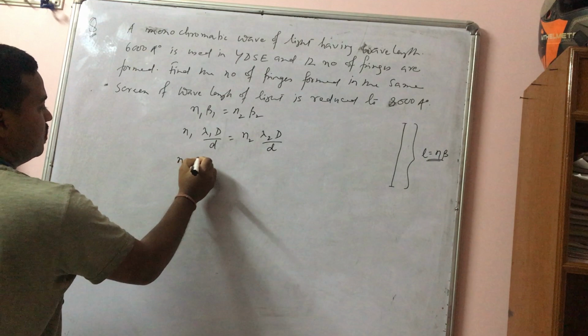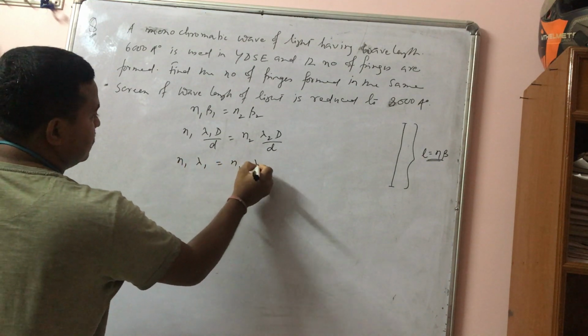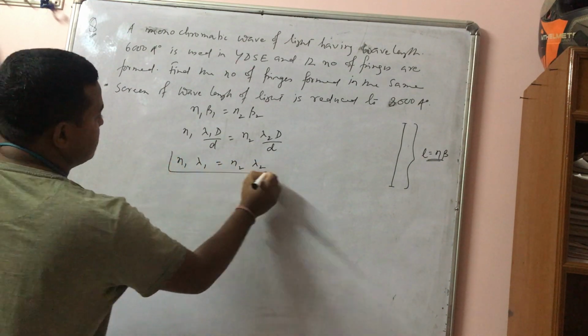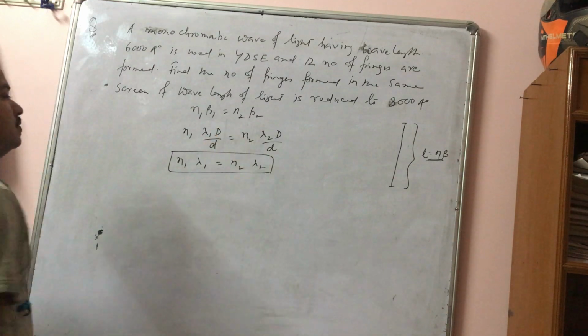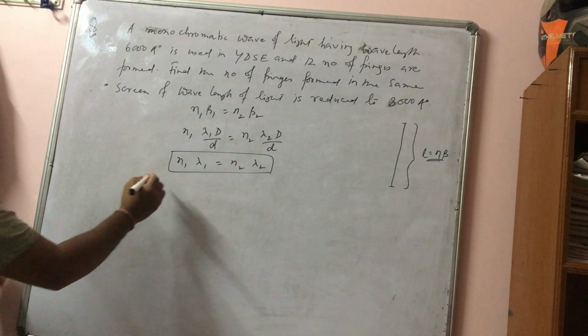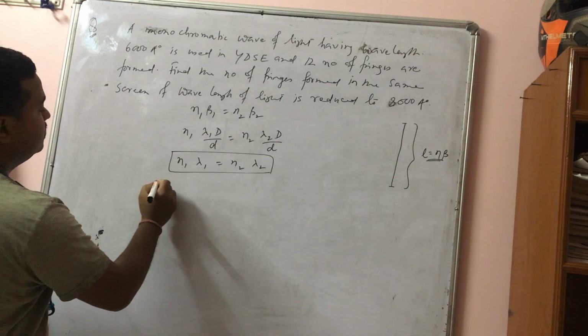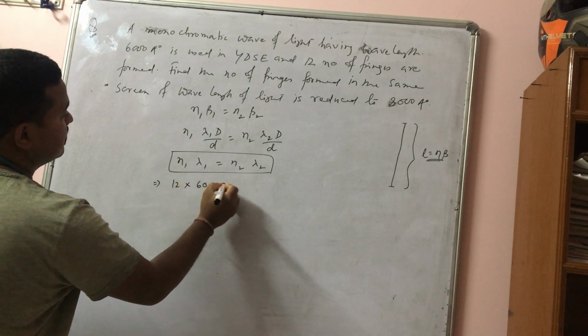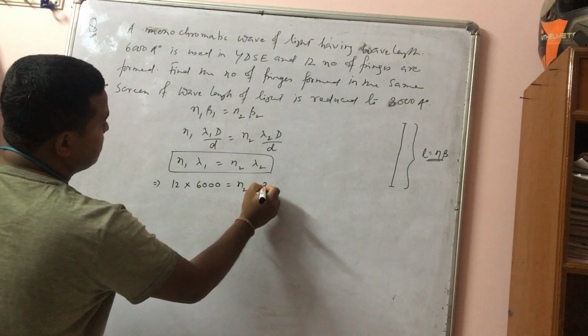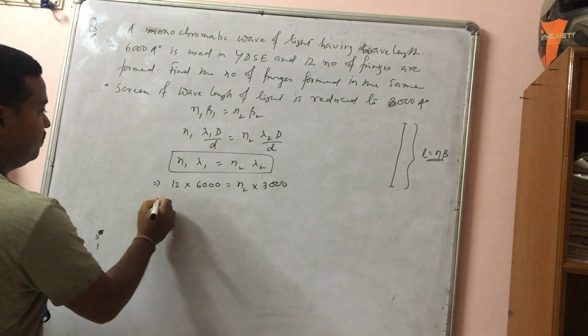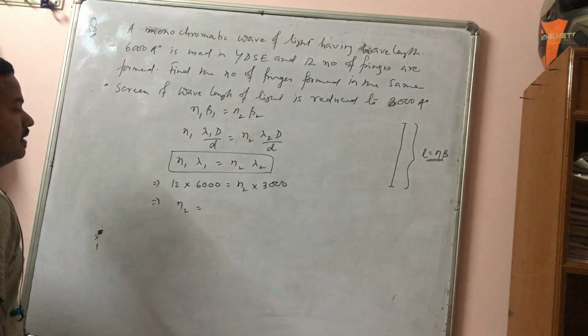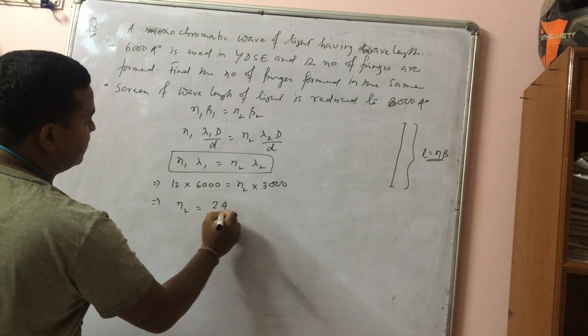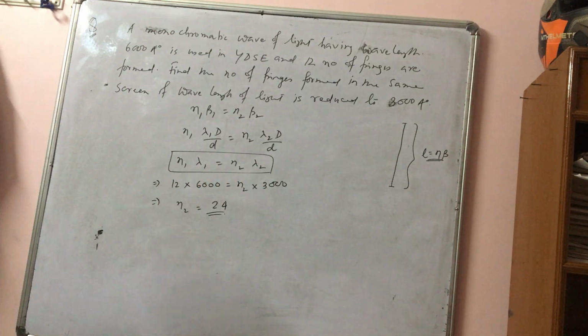So you can write n1 lambda 1 equals n2 lambda 2. So this relation you can use to solve these questions. Here n1 is 12, lambda 1 is 6000, lambda 2 is 3000, and n2 you have to find out. So from here n2 will be 24. Like that you can find out the number of fringes if the wavelength of light is changed.